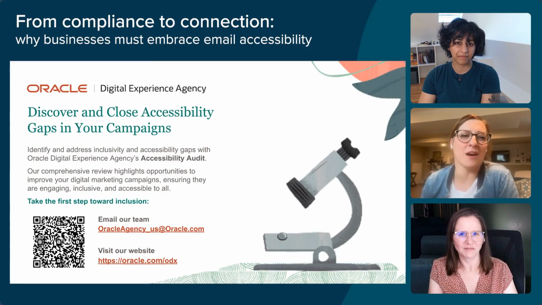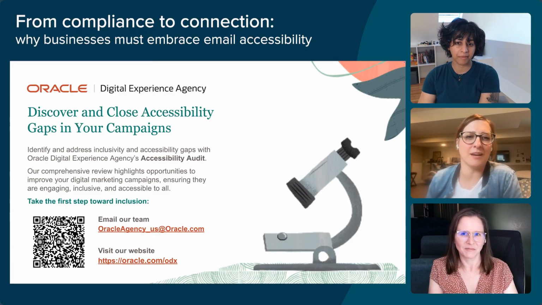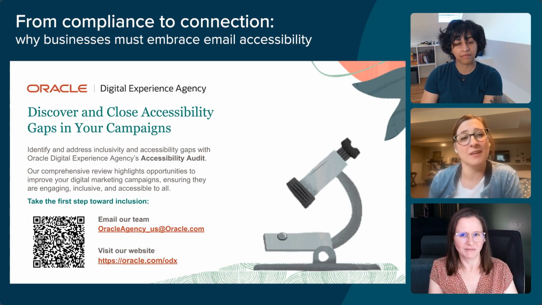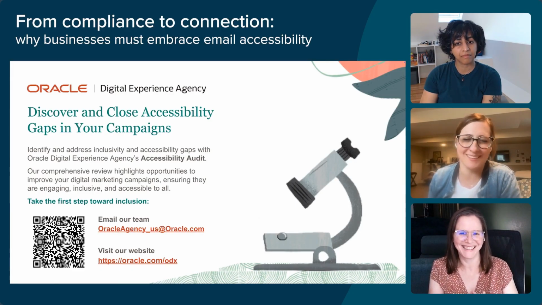Another service we offer at Oracle is an accessibility audit workshop. We compare current emails against accessibility standards, identify areas of improvement and development, and develop an action plan. I want to point out that you don't need to be on Oracle products to take advantage of this service, so don't be shy.